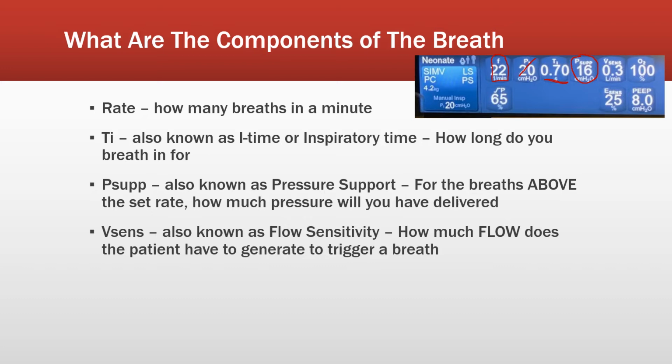Essentially, once the patient starts breathing above the rate of 22 breaths per minute, this will be the parameter of pressure support that the patient will get for those breaths above that set rate. And then the next one we'll look at just for right now will be the V-sense. The V-sense is also known as flow sensitivity, and it's basically how much flow does the patient have to generate in order to tell the ventilator, hey, I'm trying to trigger a breath.